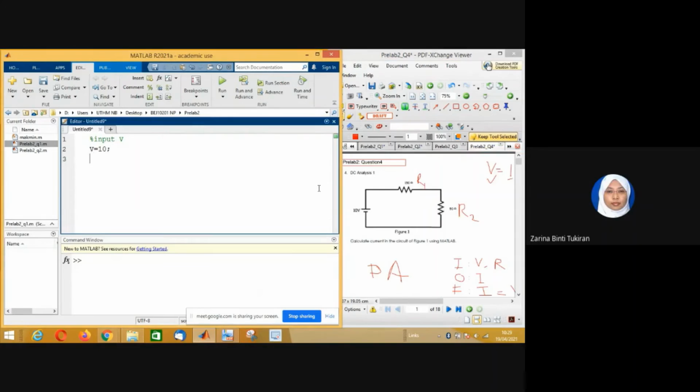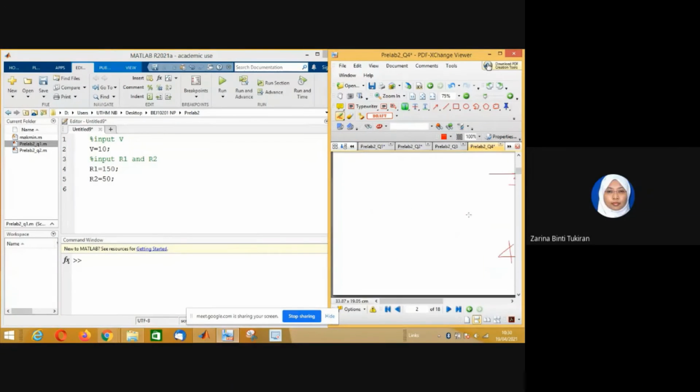So you can provide here input R1 and R2. Okay, so you state that R1 is 150, R2 is 50. So what is the next step in algorithm?